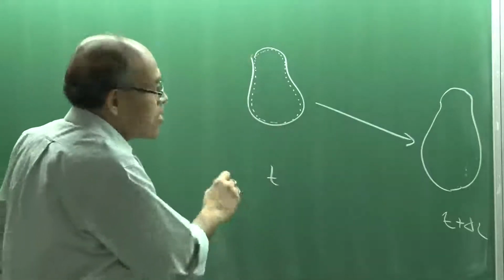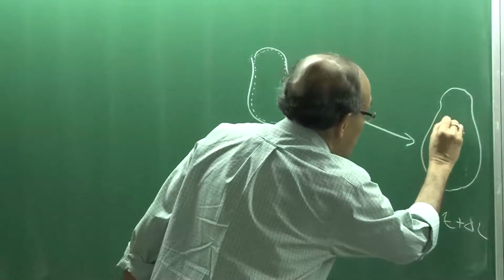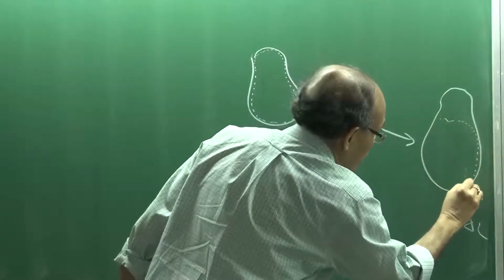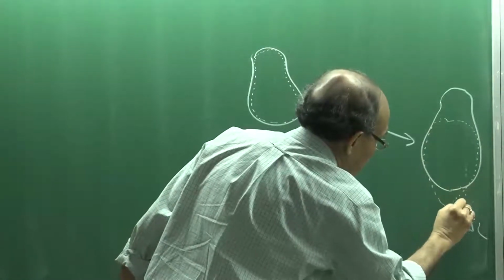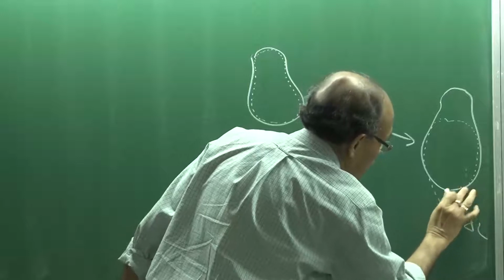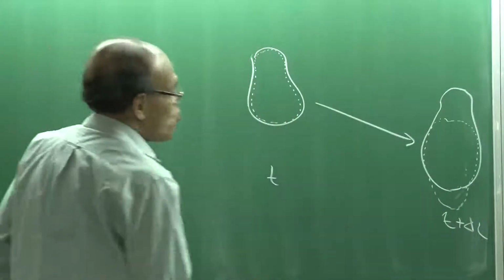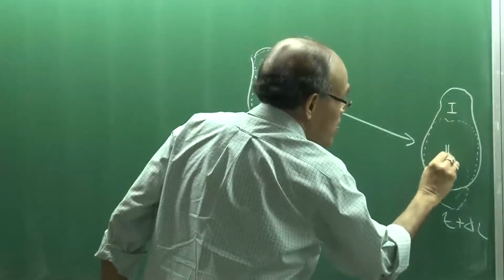And at time t plus delta t, when the system is moving, the scenario may be something like this. So, the system has flowed out of the control volume, and we can see there are two regions.